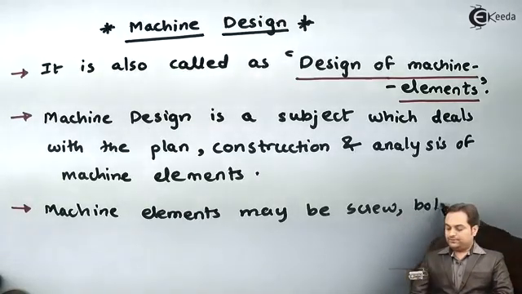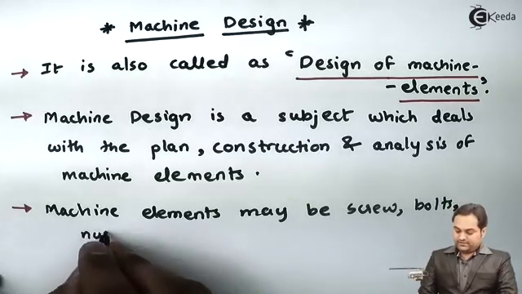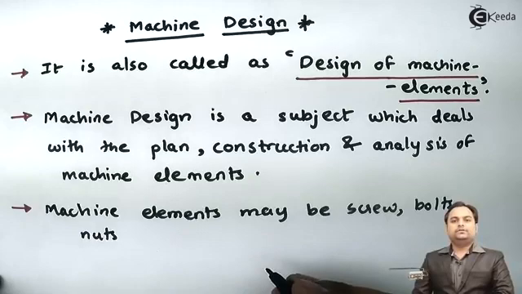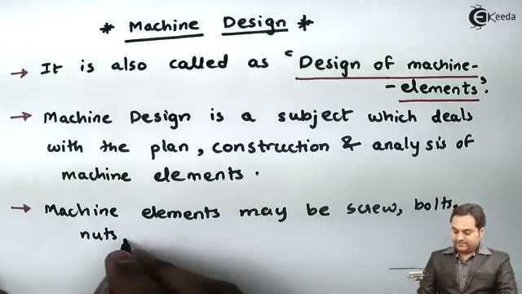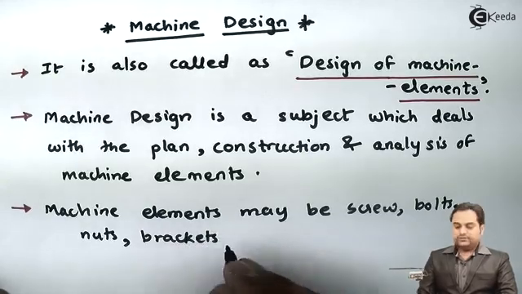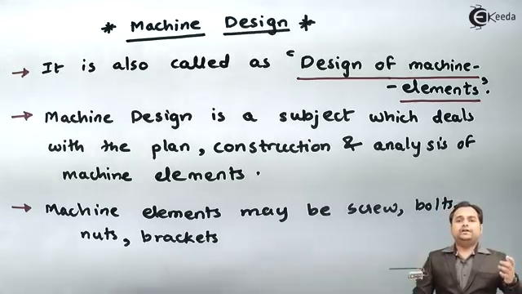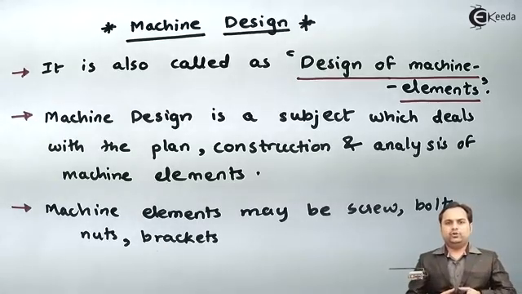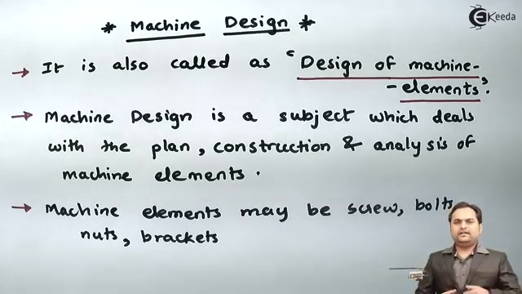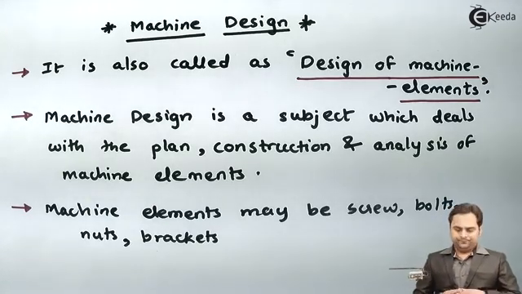Next, bolts, then nuts, they are also kinds of machine elements. Next, brackets, which we use to attach some weight or some load. Those brackets are also considered a part of machine elements.